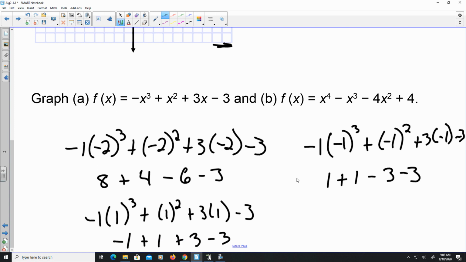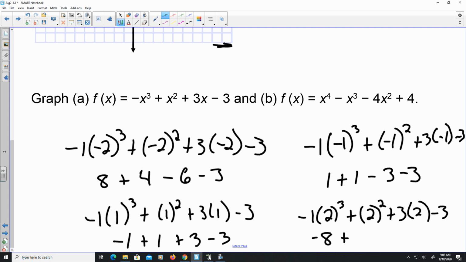And let's finally go with 2. So I got negative 1 times 2 to the third power plus 2 squared plus 3 times 2 minus 3. So 2 cubed is 8. So negative 8 plus 4 plus 6 minus 3. Negative 8 plus 4 is negative 4 plus 6 is 2 minus 3 is negative 1.